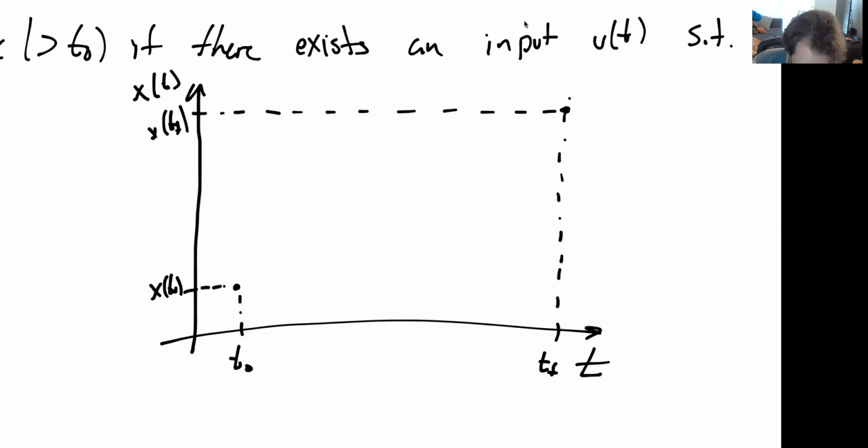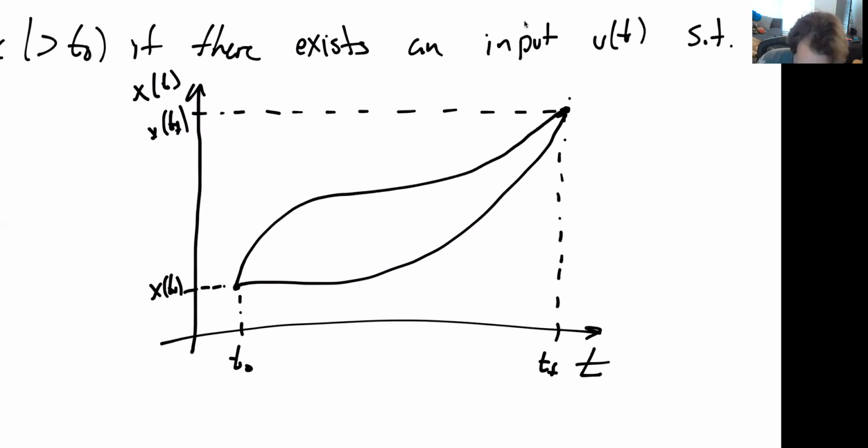A system is controllable if you can get an input that takes you from this initial point to this final point by way of a control. So we could have a control vector that takes you along that trajectory, and we could have one that takes you along this trajectory.